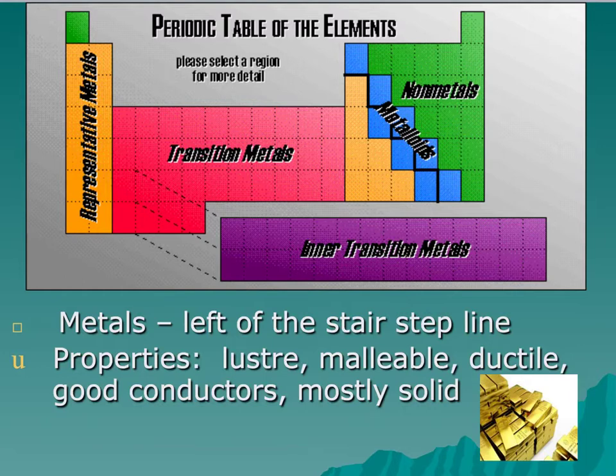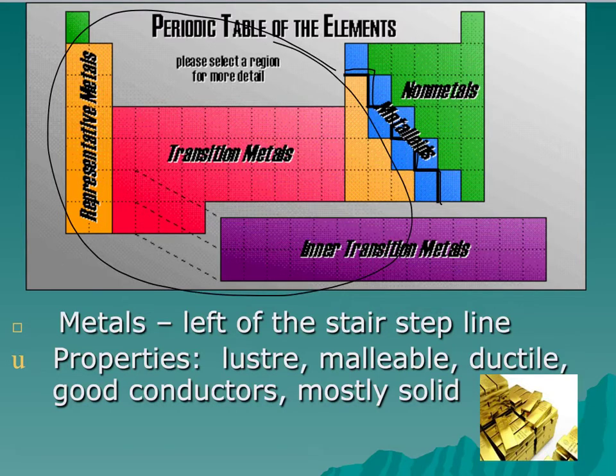Okay, so the periodic table has metals, nonmetals, and metalloids. And you can see the division between the metals and the nonmetals is divided by that stair-step line near that blue area where it says metalloids. So everything on this side of the periodic table is all metals.